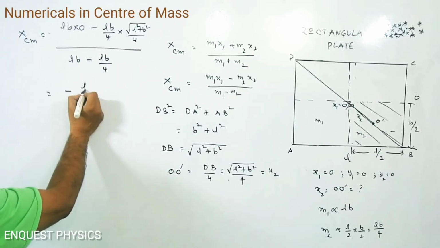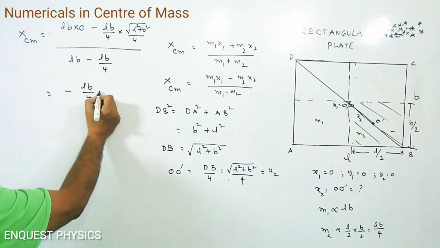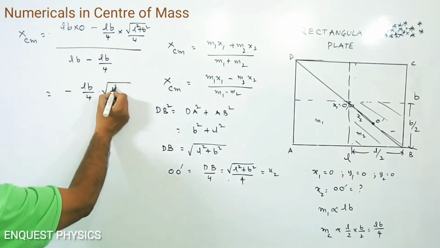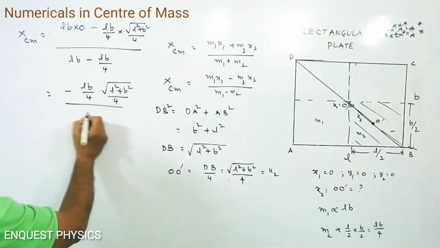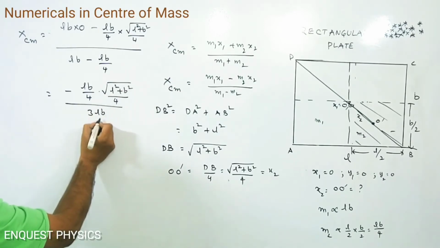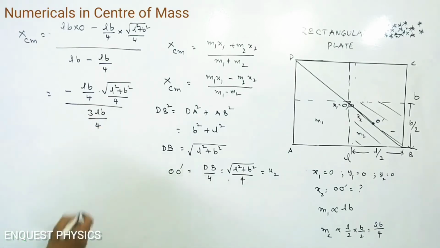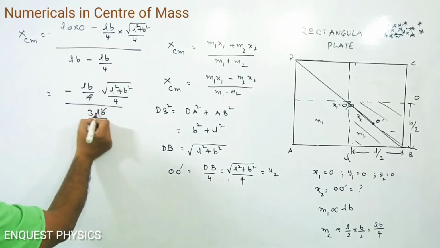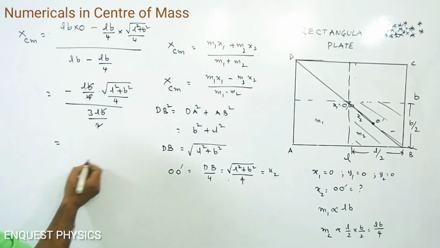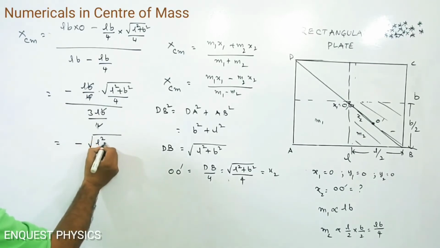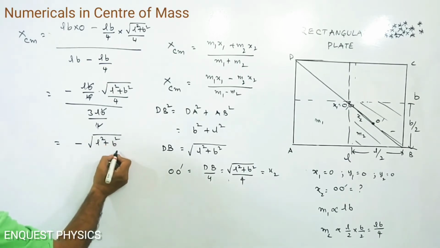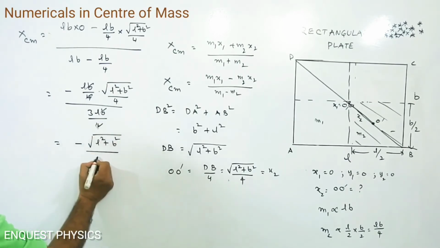It is minus LB by 4 into root of L square plus B square by 4 divided by 3LB by 4. Where 4 get cancelled and LB. It is minus under root of L square plus B square by 12.